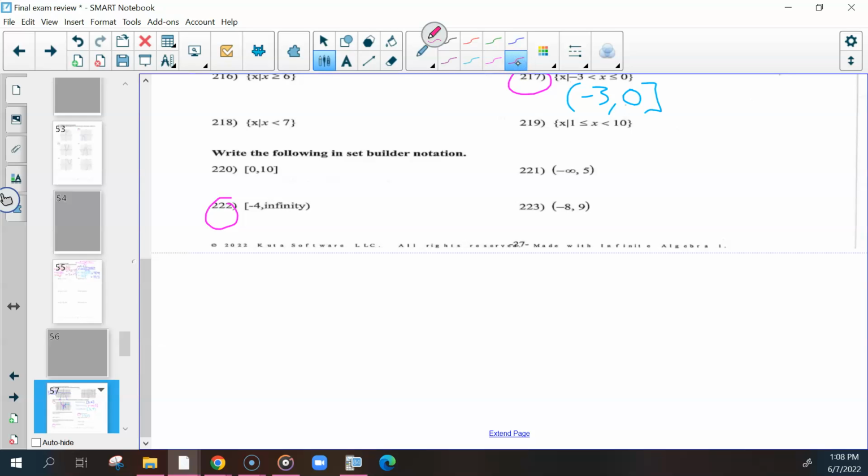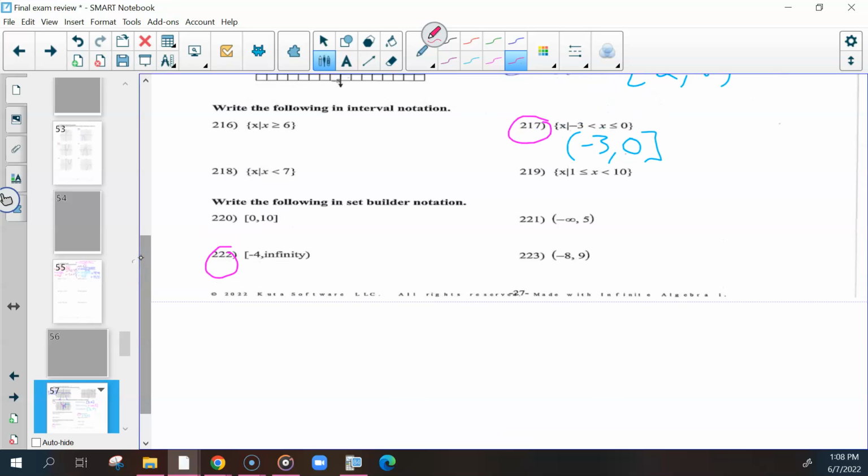And then for our last one, 222, ignore the actual word infinity, it's supposed to be an infinity symbol. But we need to write this so that it's in set builder notation, so it's going to look like one of these. It starts at -4 and it goes to infinity, so it's going to be everything above -4, or greater than or equal to -4, because this is a bracket.